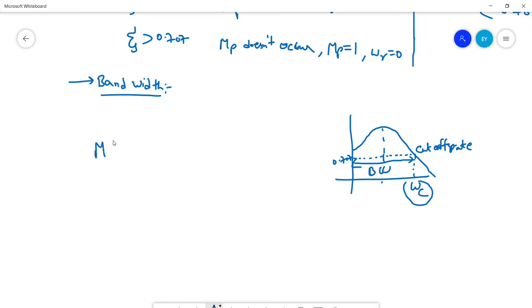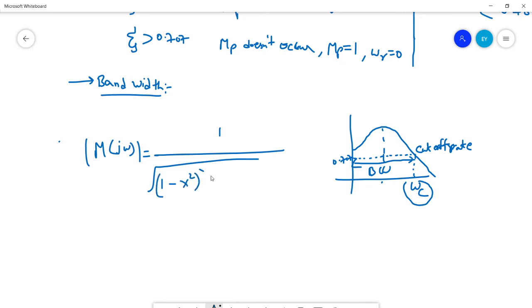So what is the magnitude of a second order system? M of j omega is equal to 1 by square root of (1 minus x square) whole square plus (2 zeta x) square.